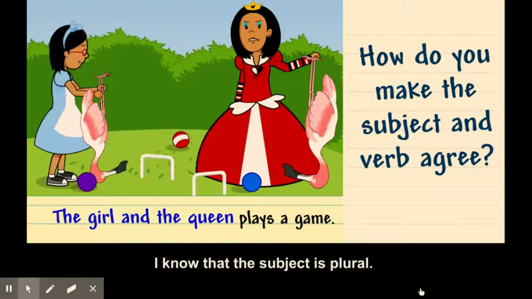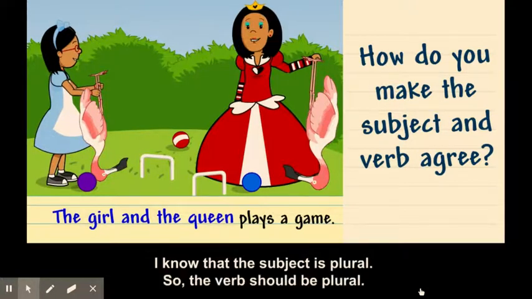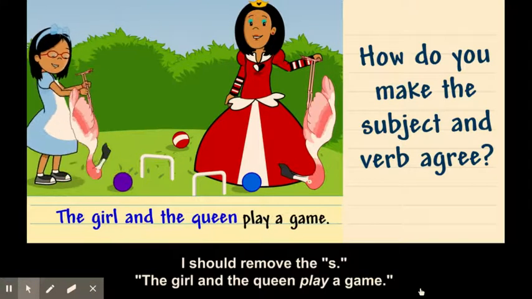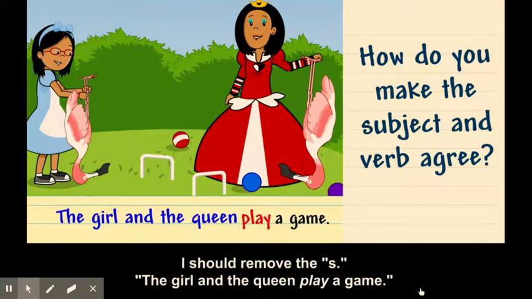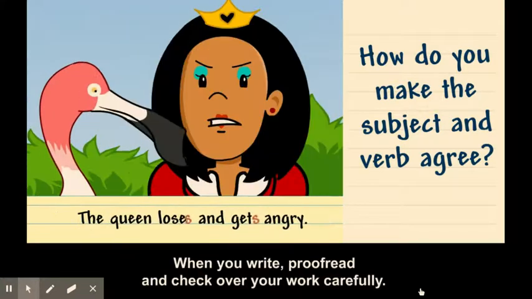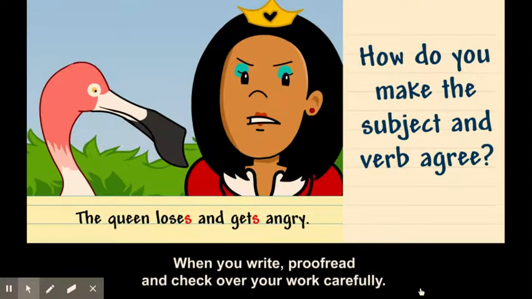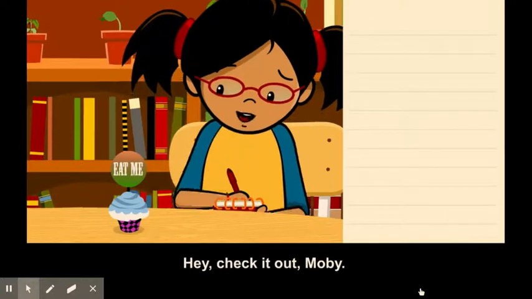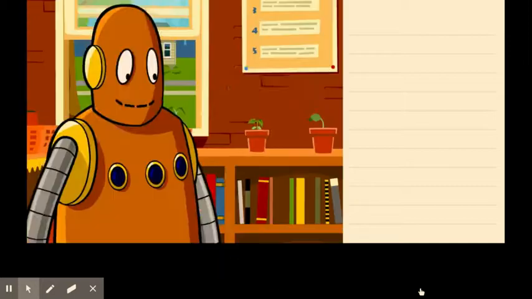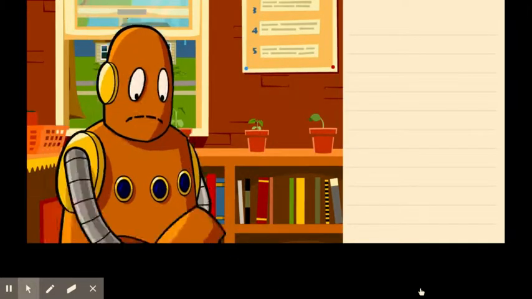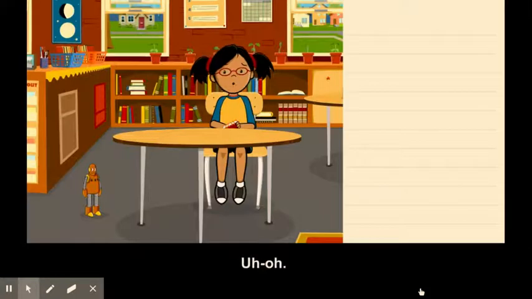I know that the subject is plural, so the verb should be plural. I should remove the S. The girl and the queen play a game. When you write, proofread and check over your work carefully. Check it out, Moby. Uh-oh.